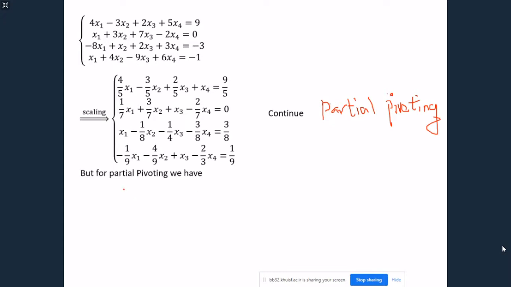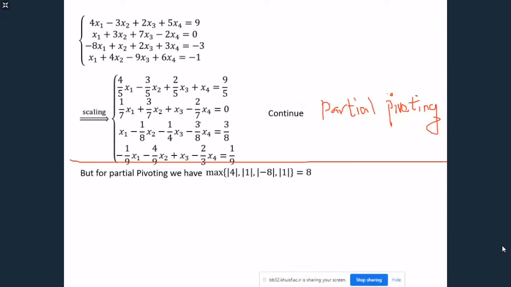Now we want to maximum between... Oh, this is without any partial, excuse me.